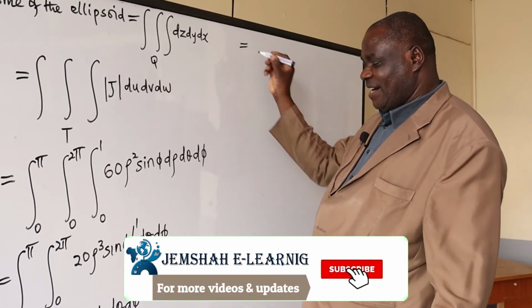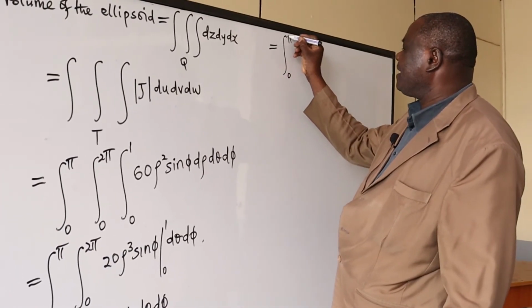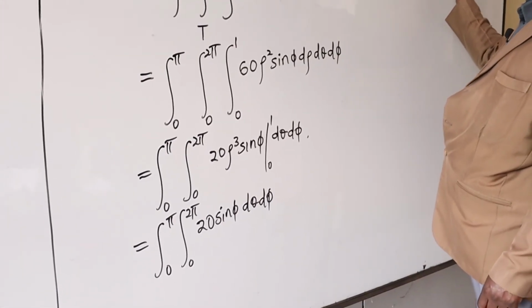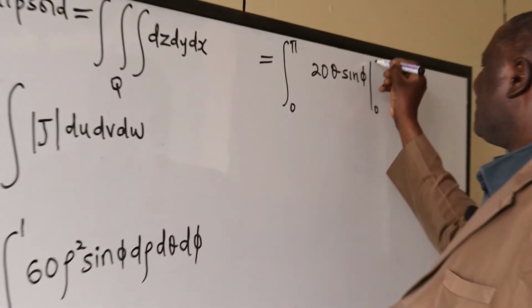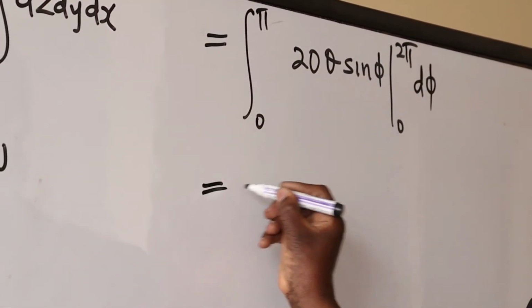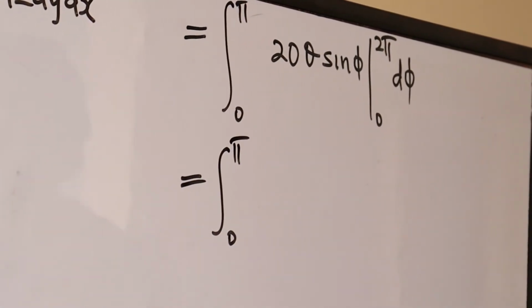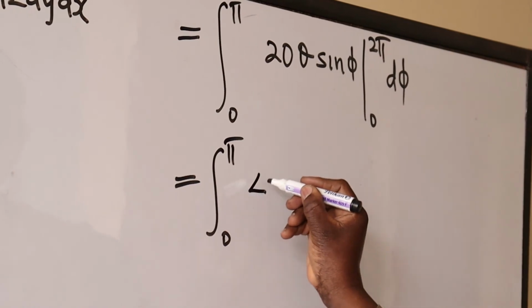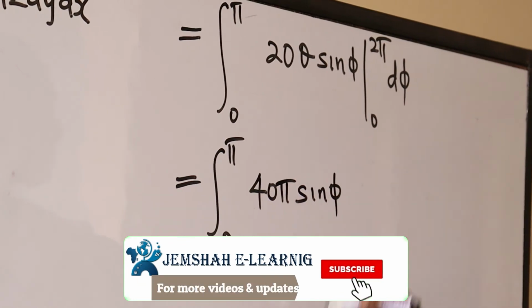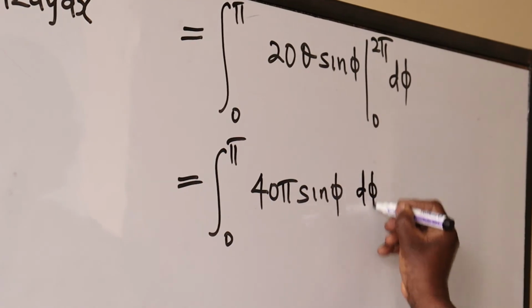So when we integrate further, with respect to theta, we have 20 theta sine phi, then we put limits from 0 to 2 pi, then we remain with the d phi from 0 to pi. We insert that, we get 40 pi sine phi d phi.